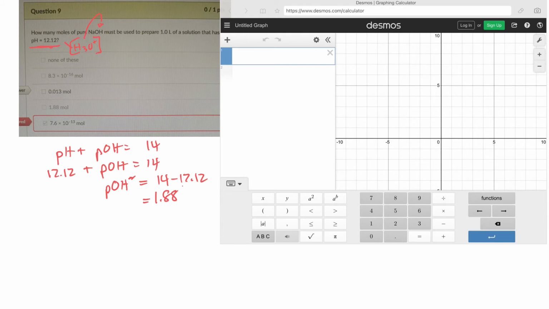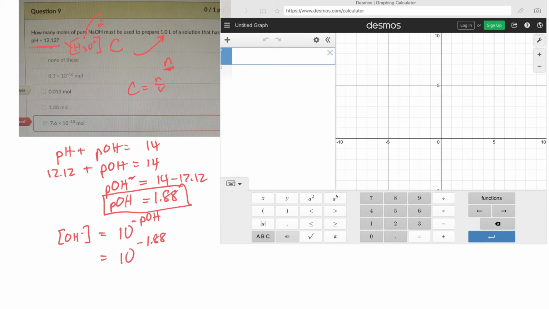So that's the pOH. Now, from that, I can figure out the hydroxide ion concentration. And then once I have the concentration, I can use that and the volume to figure out how many moles I have, because I have this formula. Okay, so hydroxide ion concentration is equal to 10 to the minus pOH. So 10 to the minus 1.88.